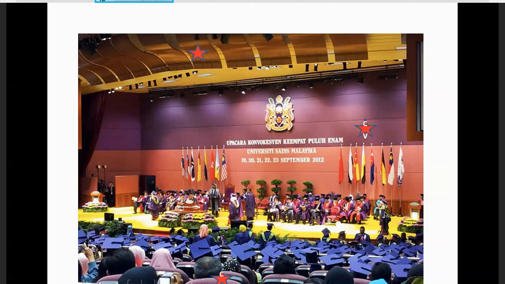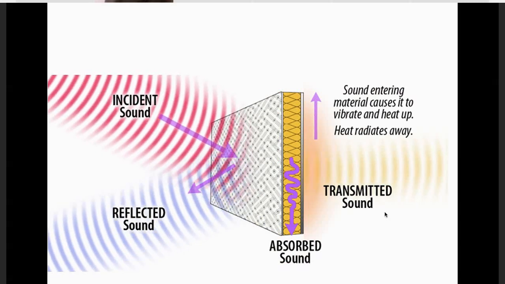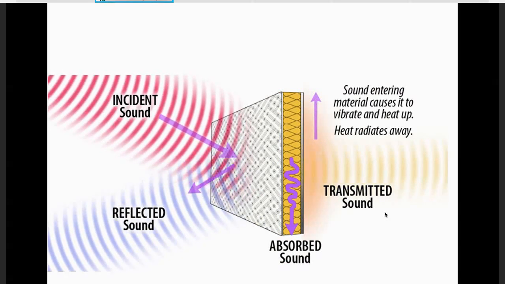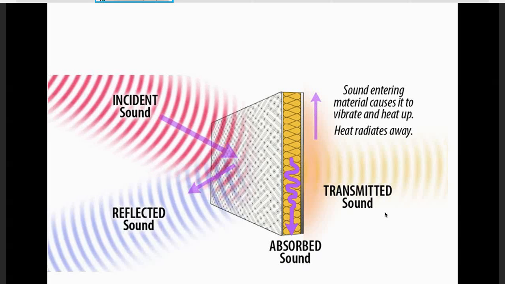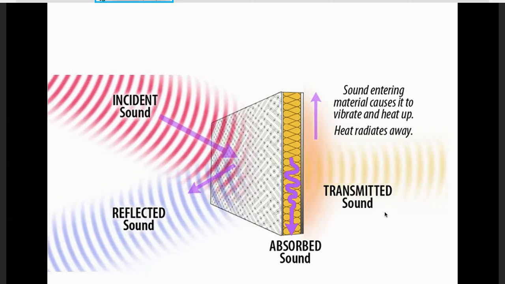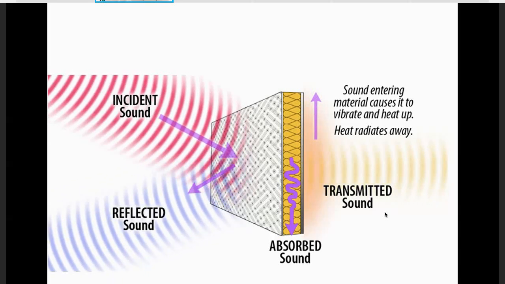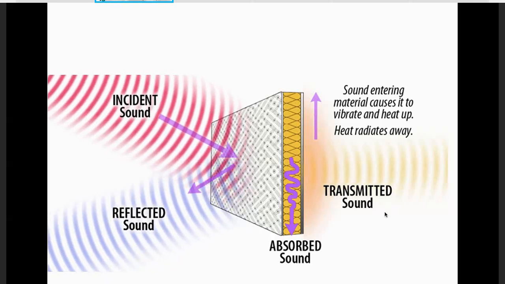But unfortunately, I cannot show these photos of the walls on the side. So this is what it does: when you have a wall or ceiling with insulation inside, it can absorb. Or sometimes you put insulation inside, but outside you put a hard surface.